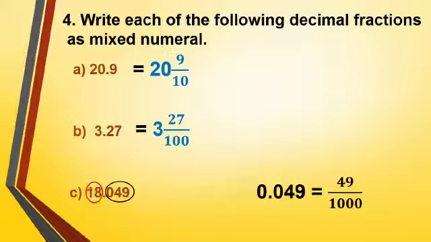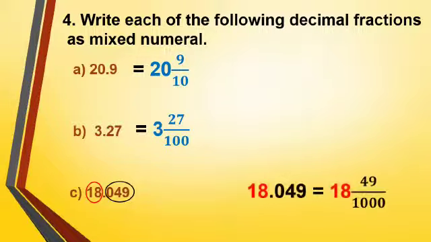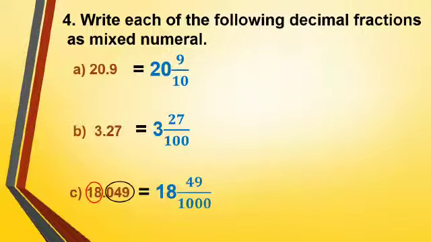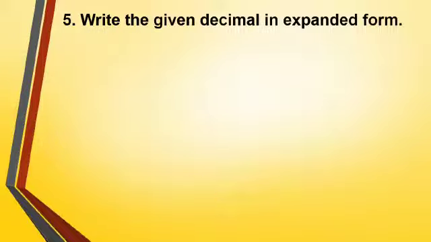Considering the whole part 18, 18.049 can be written as mixed fraction as 18 and 49 by 1000. So 18.049 is equal to 18 whole 49 by 1000.